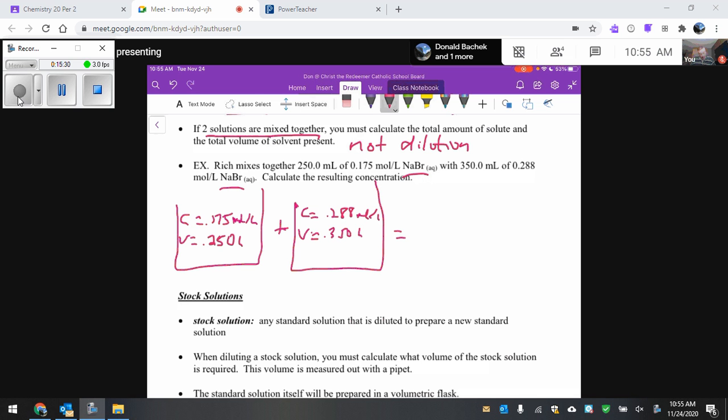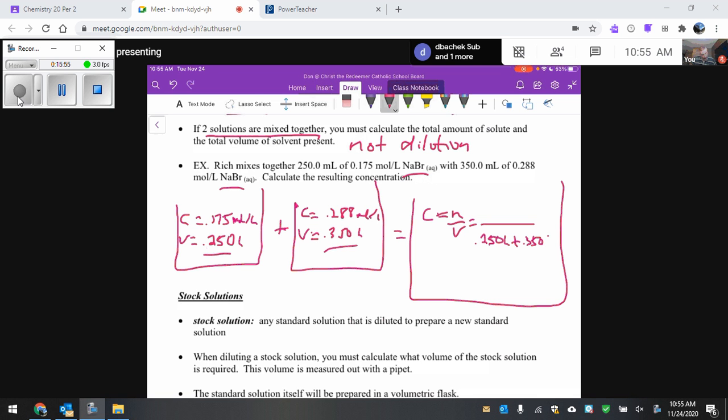If I put them into one big beaker, I need to think about C equals n over V. In other words, what is the total volume compared to the total solute? So 250 and 350, I'm going to add those together down here.